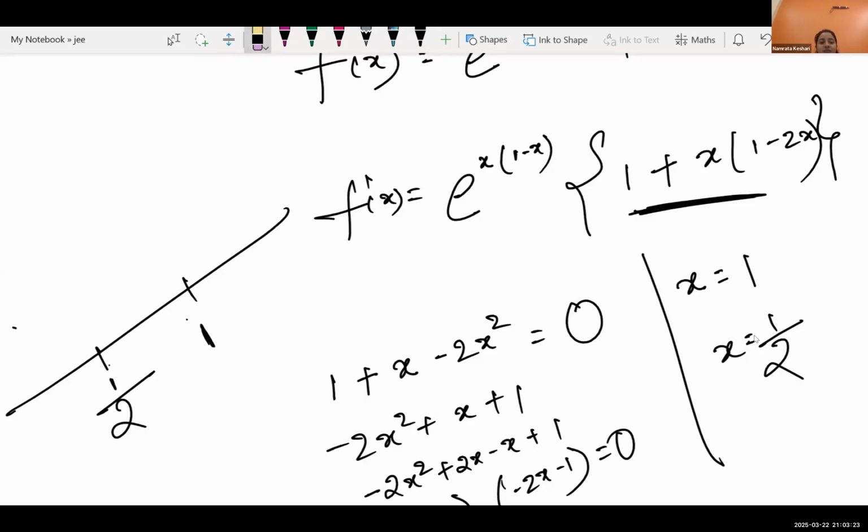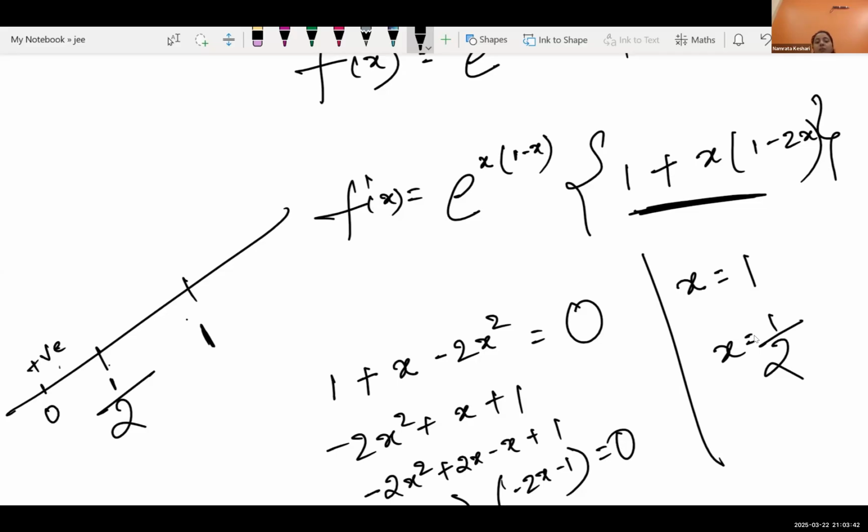Half means 0.5, it's not minus half. So towards the left of 1 by 2, we can think 0, and yeah, we are getting positive, right?